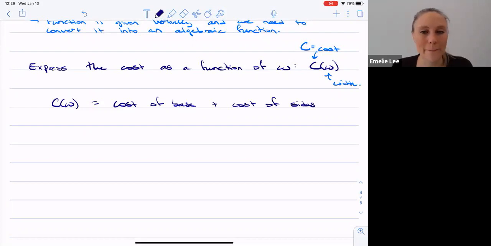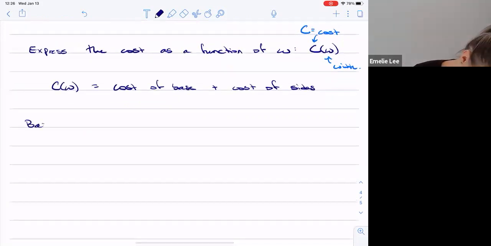Okay. So I'm going to tackle these individually, right? I'll do the cost of the base and the cost of the sides. So I'll start with the base.